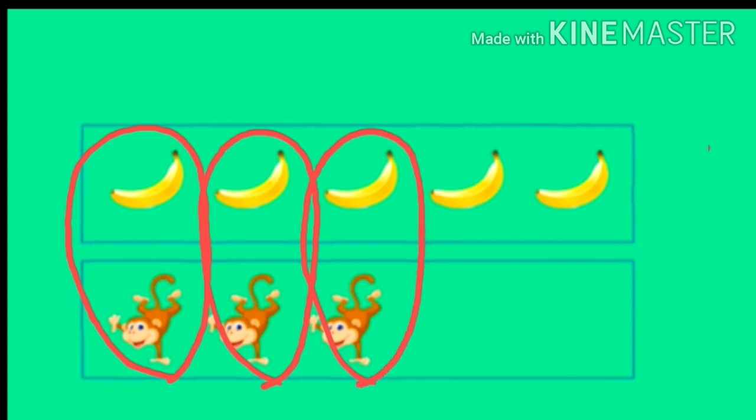Now you tell me which group has more things. Right, first group. Here two bananas are more. And what about the second group? Yes, it has two less monkeys. The first group has two more, the second group has two less.